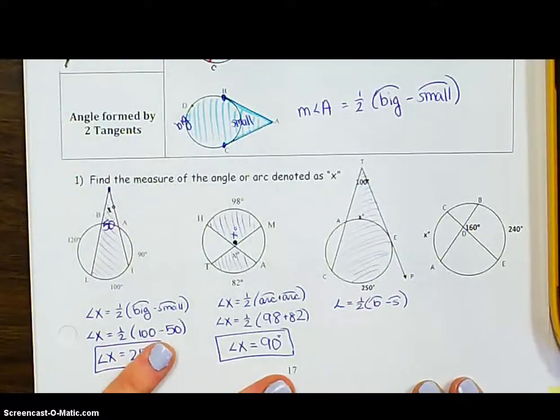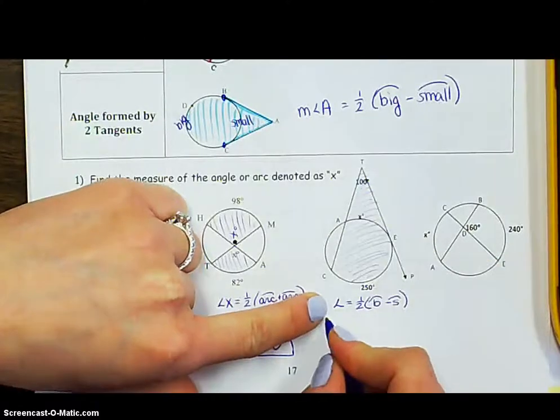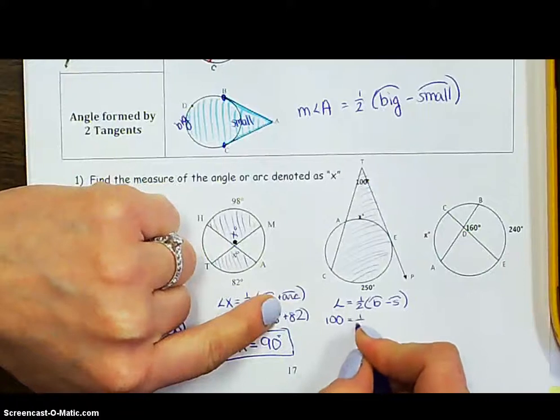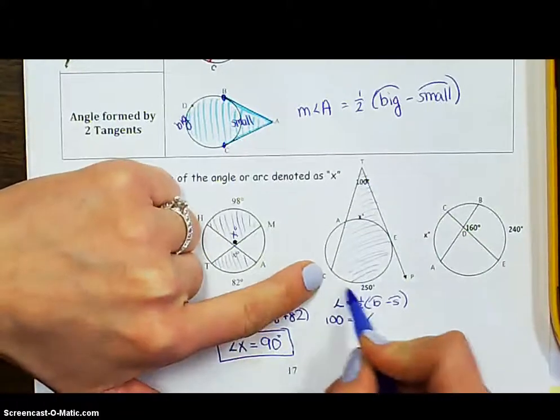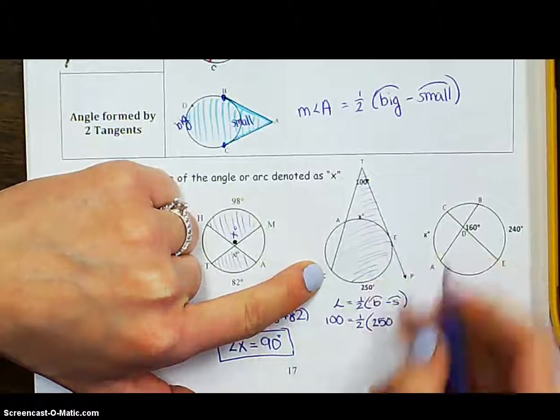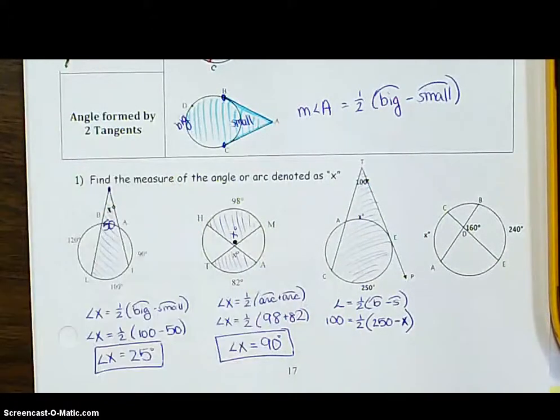So let's fill in everything that we know. The angle is equal to 100 degrees, so I put 100 underneath the angle, is equal to 1/2. My big arc here is 250 degrees, and the small arc is my x value, so I'm going to subtract x. Now all we have to do is solve for x.